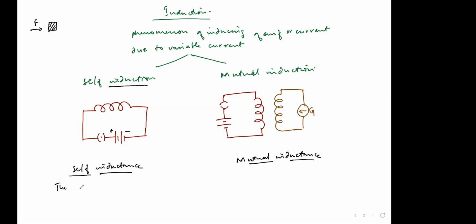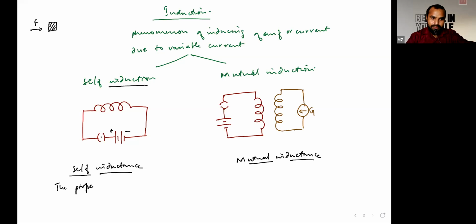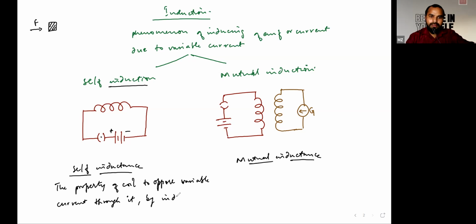So we can define it like this: the property of a coil to oppose variable current through it by inducing a current in the same circuit.